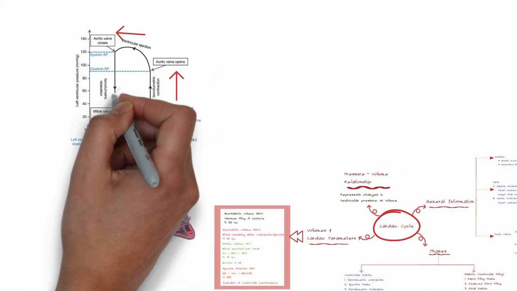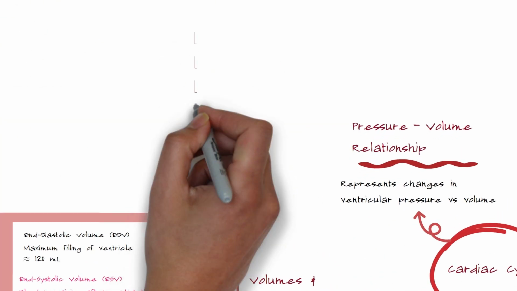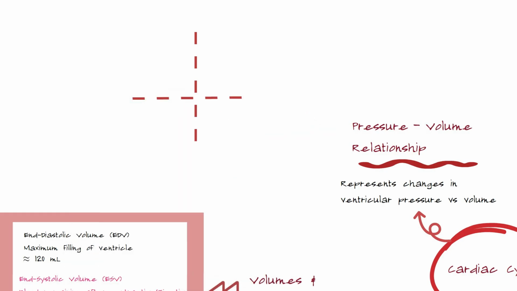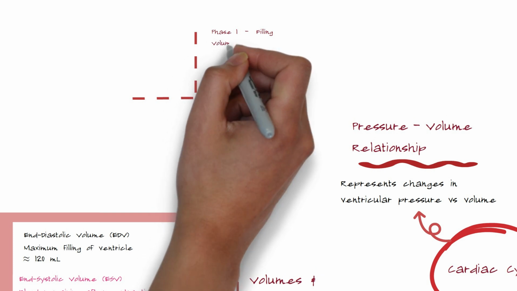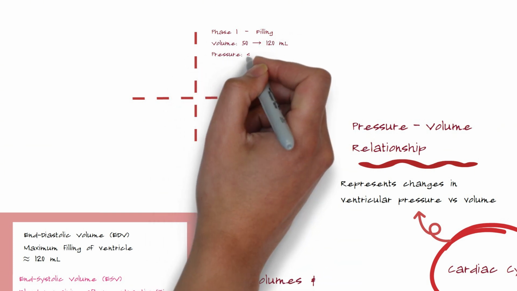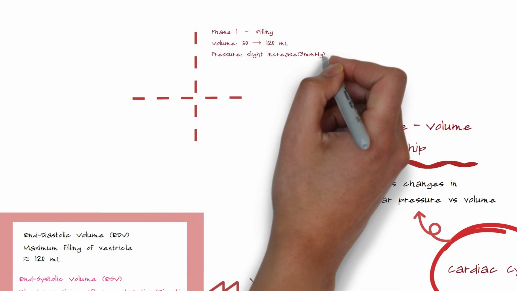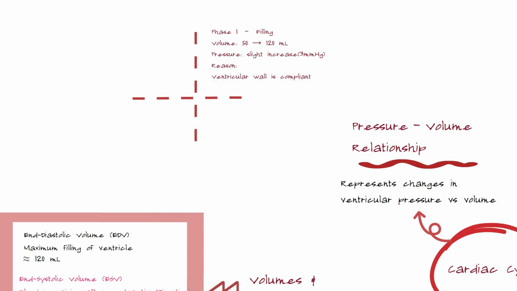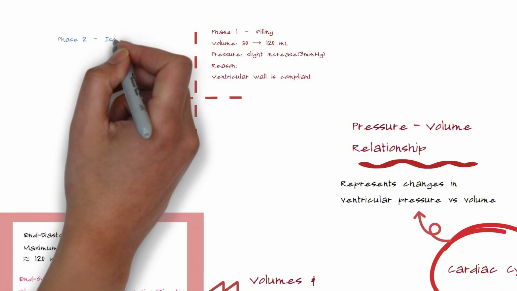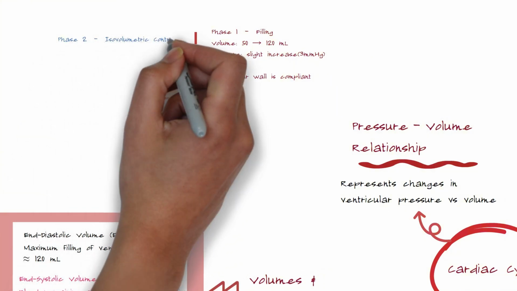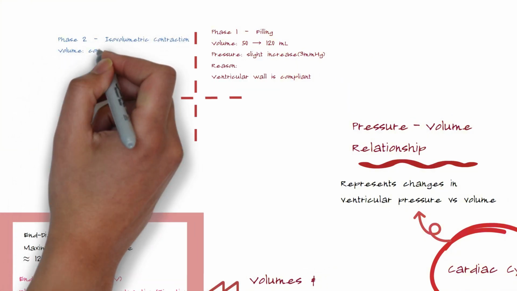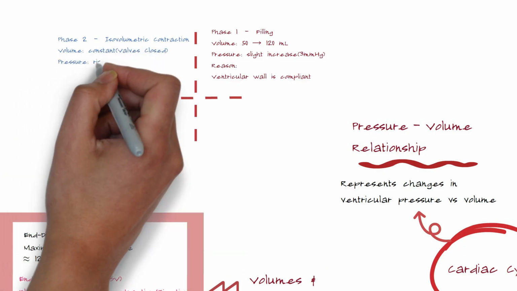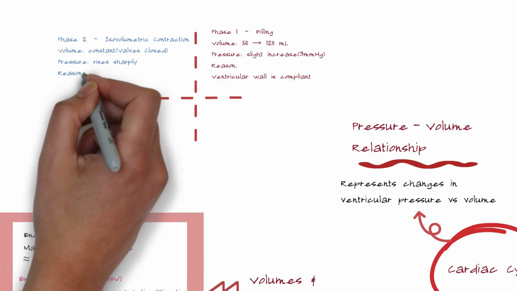Phase 1, the filling phase, where the volume increases from 50 to 120 milliliters and the pressure increases slightly. Phase 2 is isovolumetric contraction. Here the volume is constant around 120, but the pressure rises sharply from 50 up to 80 millimeters of mercury, and remember that all valves are closed.